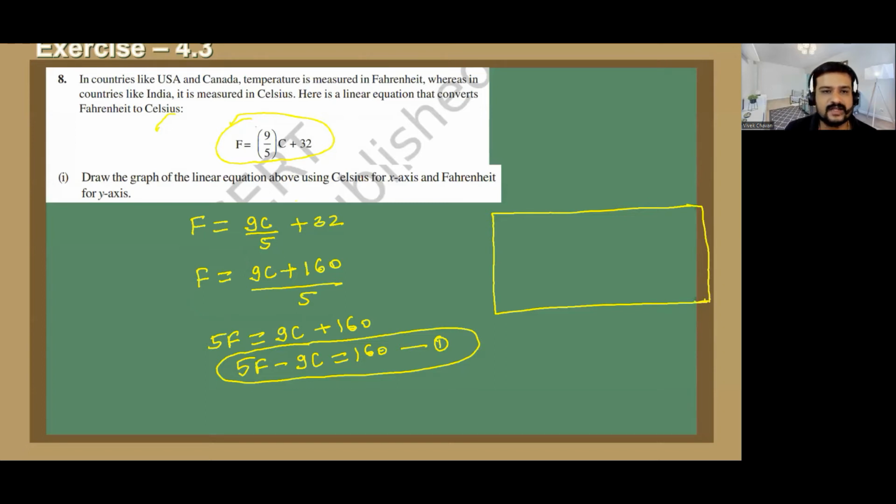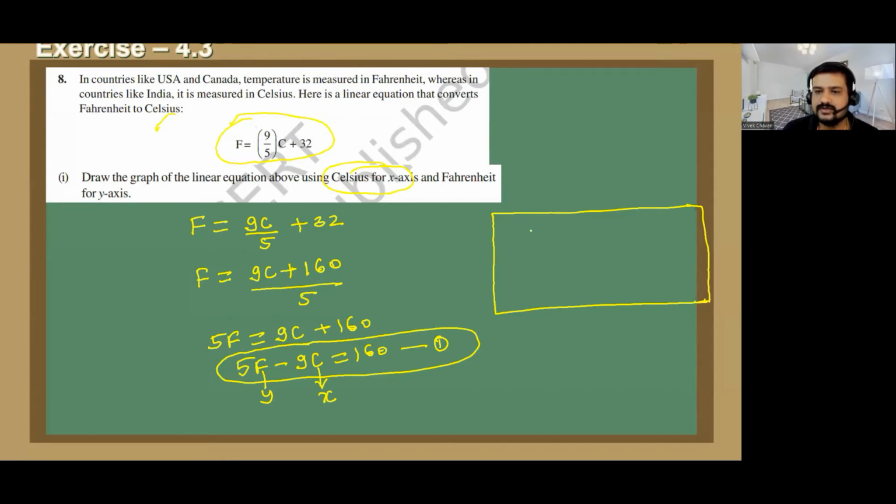Now what they have said is to draw the graph of the linear equation using Celsius for the x-axis. That means C is equal to x, we will consider it like this, and F is equal to y. So what will the equation be then? Minus 9x plus 5y is equal to 160.